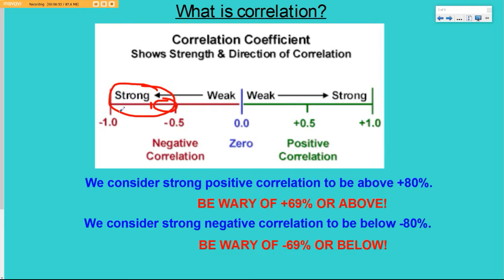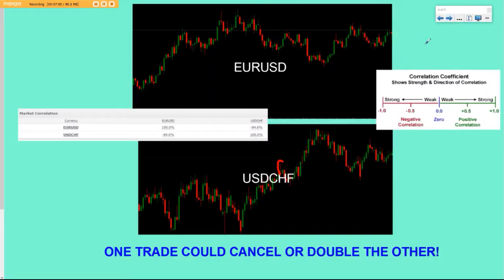So we've got the negative correlation and the very strong positive correlation there, okay? But as I said, be wary of this bit. Now, let's look at two things that are, in this case, correlated negatively.